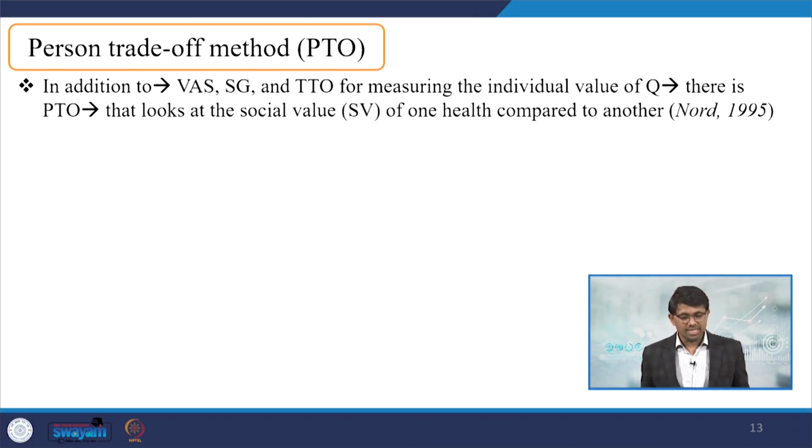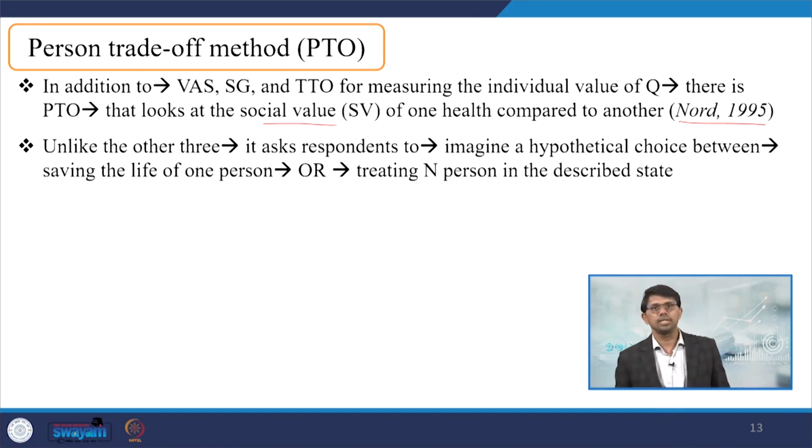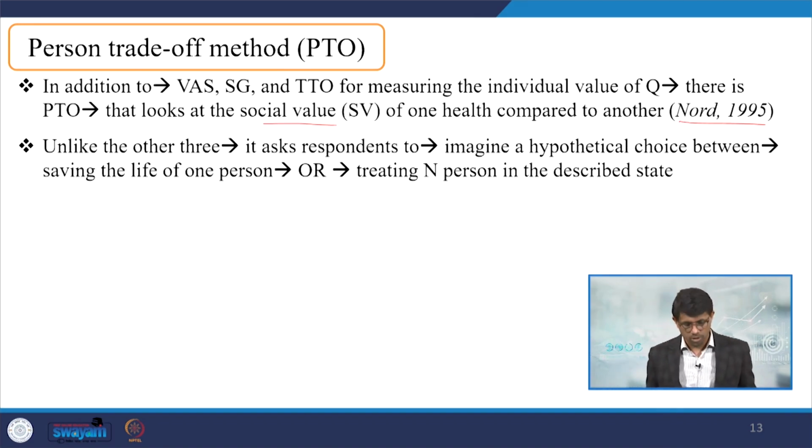In addition to these three techniques for measuring the individual value of Q, there is the PTO, person trade off method, that looks at the social values of one health state compared to another, as mentioned in the paper Nord 1995. Unlike the other three, it asks respondents to imagine a hypothetical choice between saving the life of one person or treating n persons in a described state.